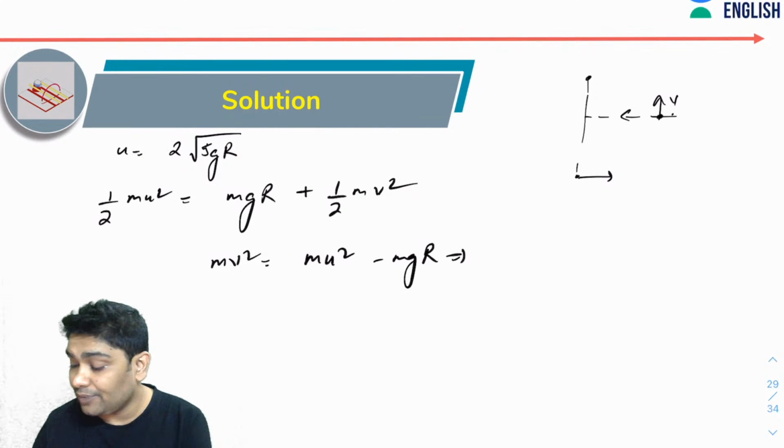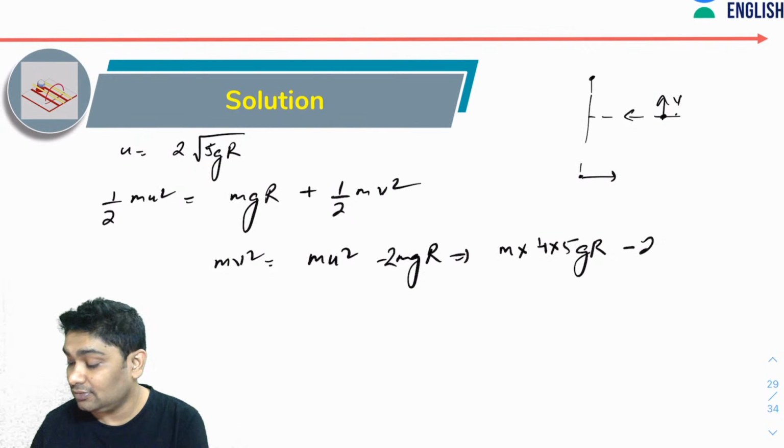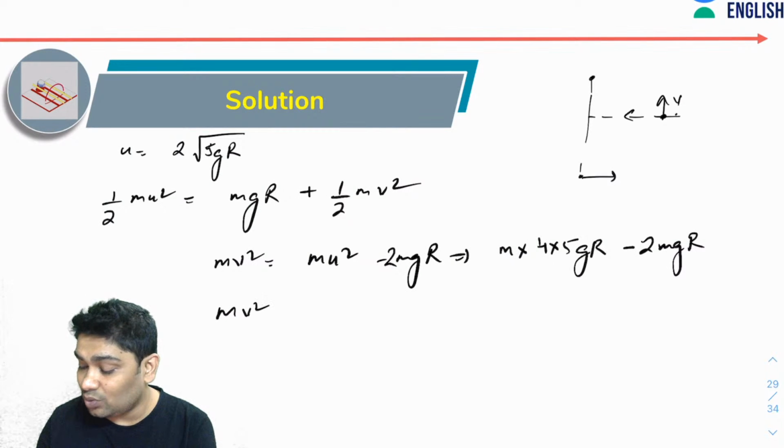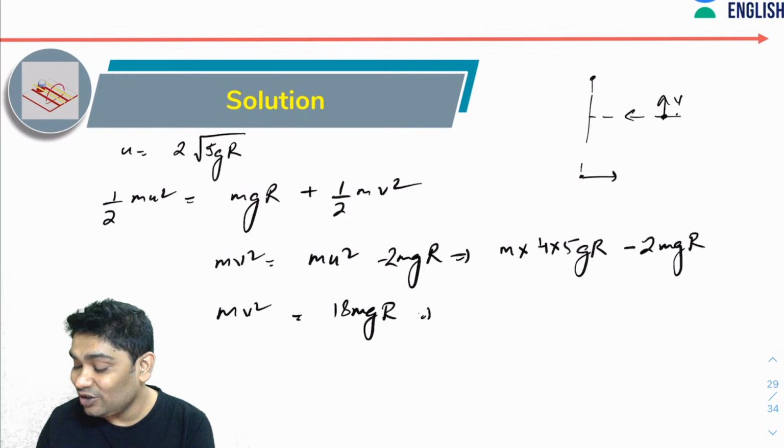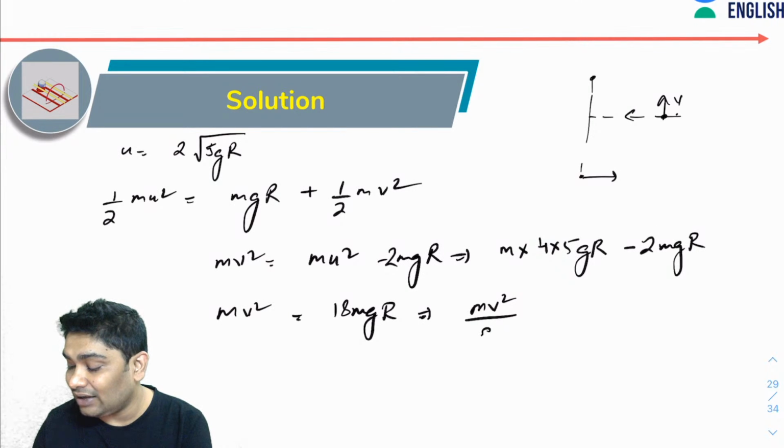That is m into 4 into 5 g r minus 2 m g r. So m v square becomes 20 minus 2, that is 18 m g r, which means m v square over r equals 18 m g.